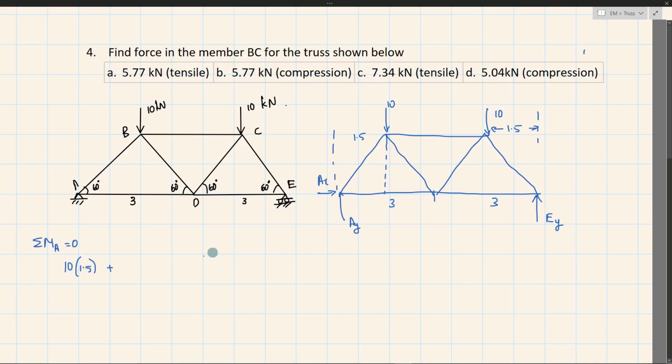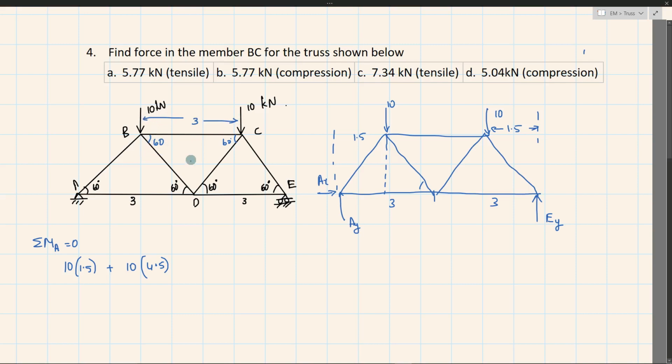Plus I have another force of 10, which also tends to rotate the body in clockwise direction: 10 into this distance, which is again 3 plus 1.5, that is 4.5. Okay, this angle is 60 degrees, this will also be 60 degrees, and this distance will also be equal to 3.